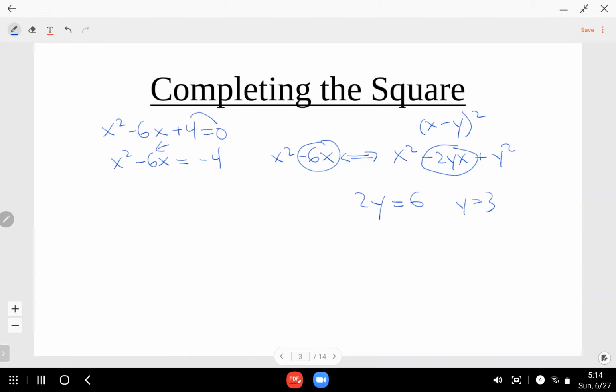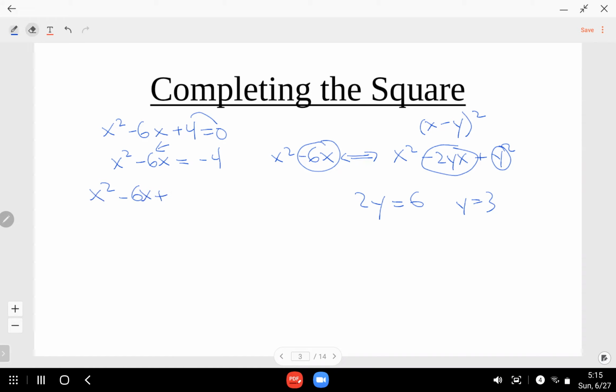Okay, so let's just add 3 squared to both sides because we just found out y. And then once we add y squared to both sides, we can turn this right hand side into this. So let's do x squared minus 6x plus 3 squared.